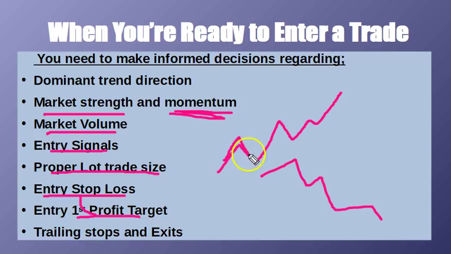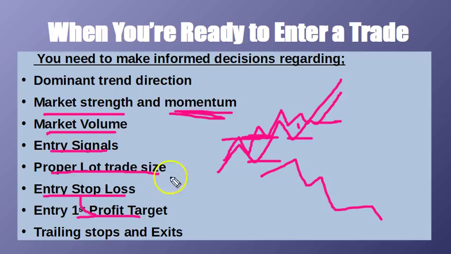Of course, if the trade keeps running, let's say your first profit target is here, then you want to have a system that lets it run higher. Okay, and finally trailing stops and exits. So as price goes higher, let's say if you've taken a buy trade, then you want to trail your stops, okay, to protect more of your profit as you gain it.